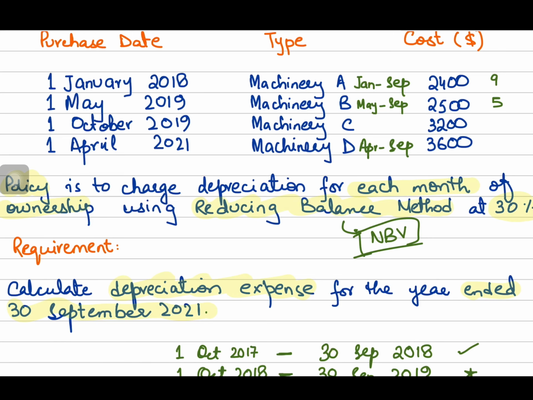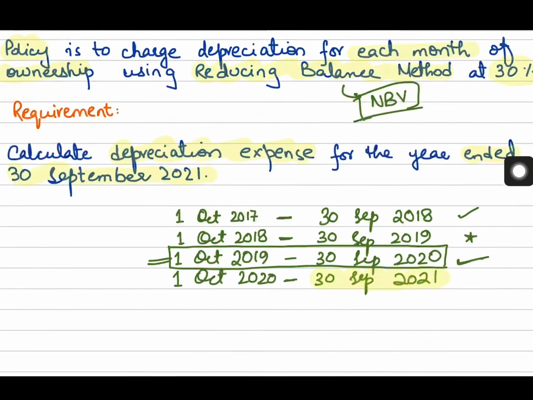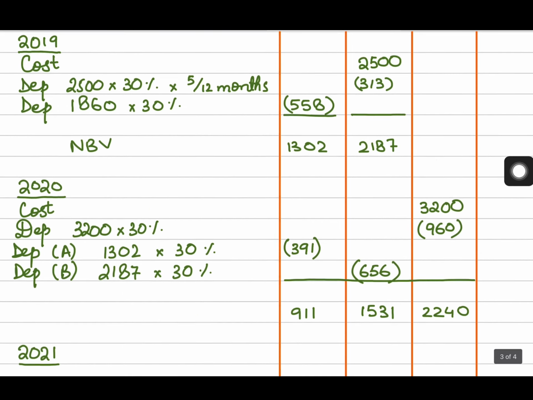The last machinery, machinery C, was present from October till September. That made it 12 months. Now this is being purchased on 1st of April. So April, May, June, July, August, September, right? So for how many months? 6 months. So we'll be charging depreciation for the next 6 months only and not for the first 6 months.